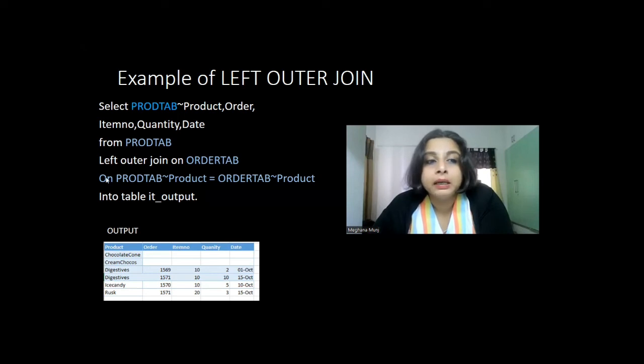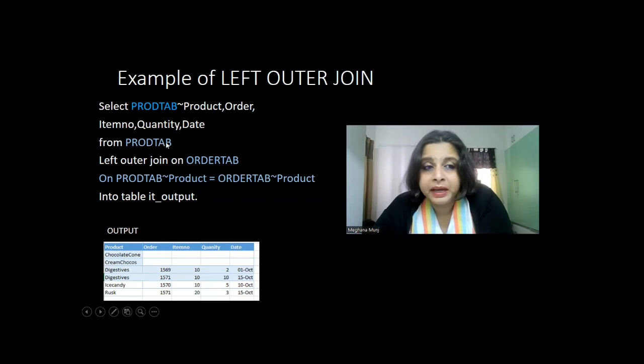So let us understand this now, because here we are comparing this product field and it is common between both these tables. You have to mention the table name, title, and the field name. In case of other fields, because they are unique, you need not mention the preceding table name.